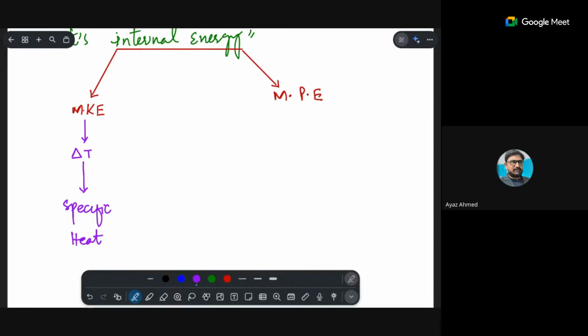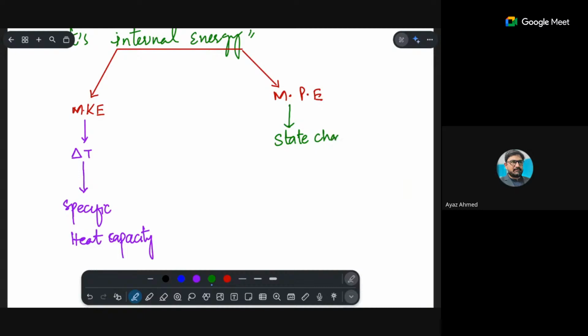Now you got this point? Why I dragged all that till this point. This is actually the point where I will bring you people. And when I'm talking about molecular potential energy, beta, it means I'm talking about the change in state. Got that point? State change.